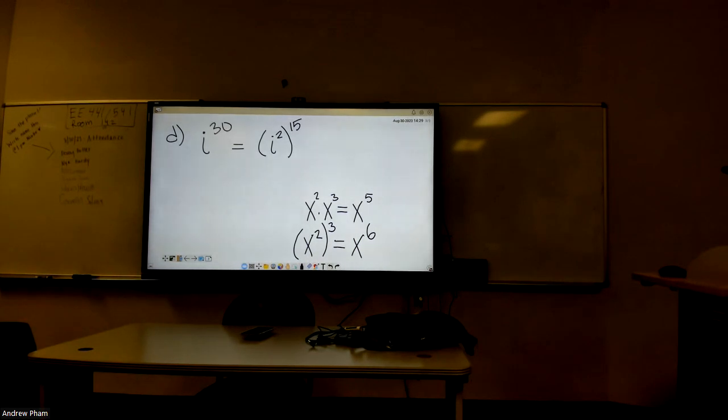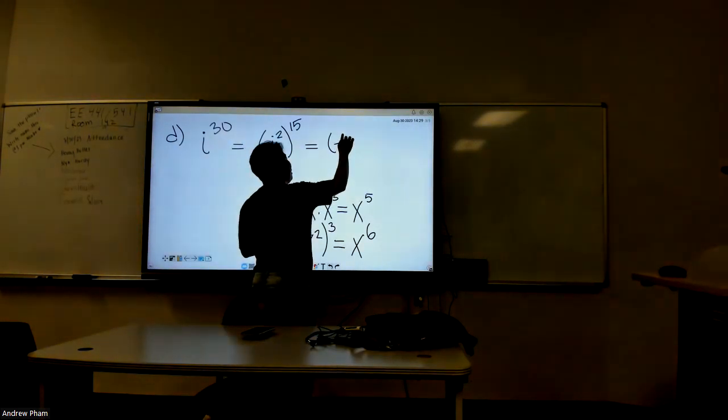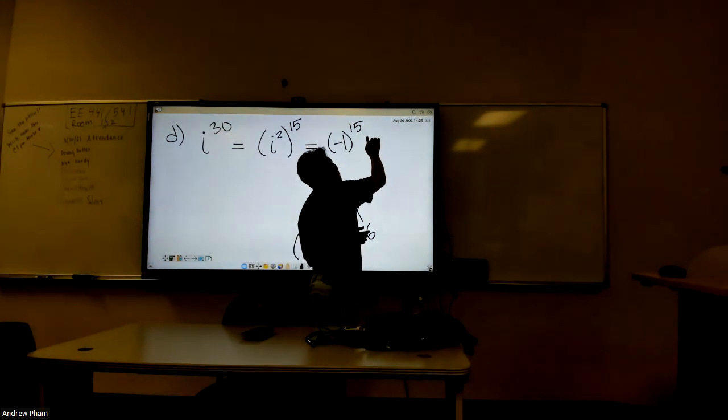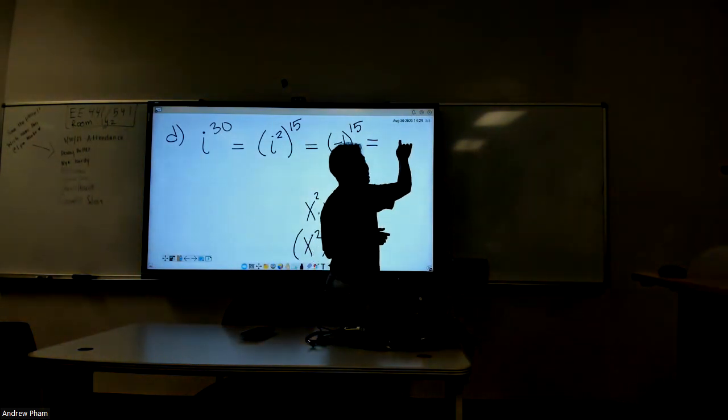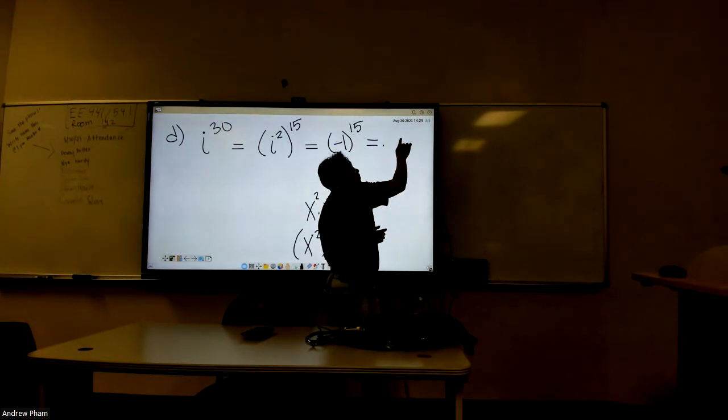So why does this help me a lot, actually? Yeah, we know what i squared is. i squared is negative 1. What happens whenever I take negative 1 to the 15th power? Is it going to be negative 1 or positive 1? I know it's 1, but I don't know if it's positive or negative.